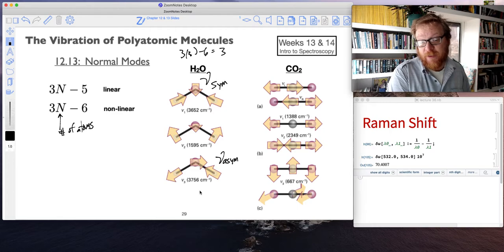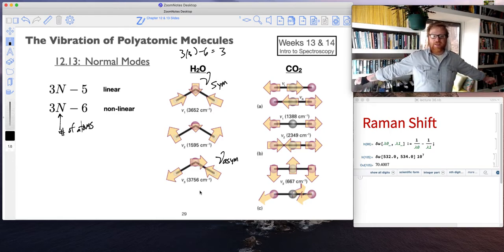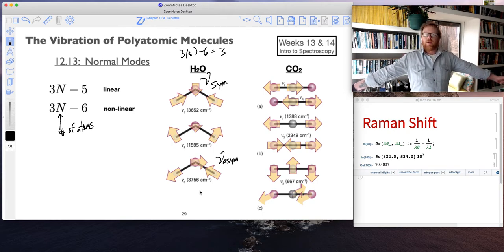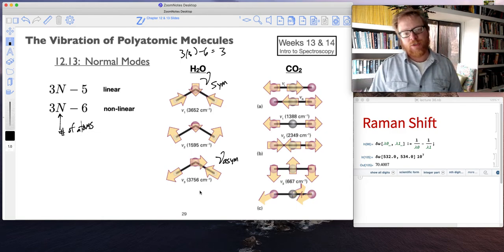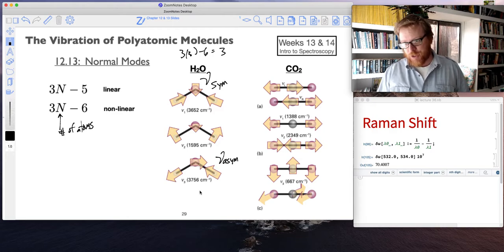And then finally, the third and final normal mode of water is the bend, where now these things will bend in and out of a plane. Consequently, that's a much lower energy vibration.